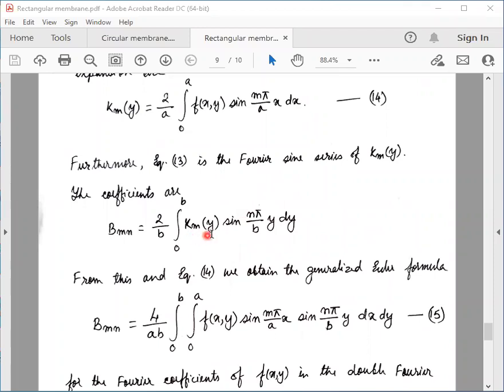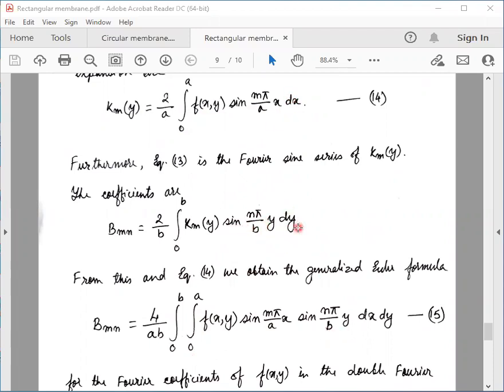Then we can substitute the value of Km in this expression from equation number 14. Substituting, we get 2 times 2, that is 4, divided by ab, integration from 0 to b, integration from 0 to a, f of xy sin(m pi x by a) sin(n pi y by b) dx dy.